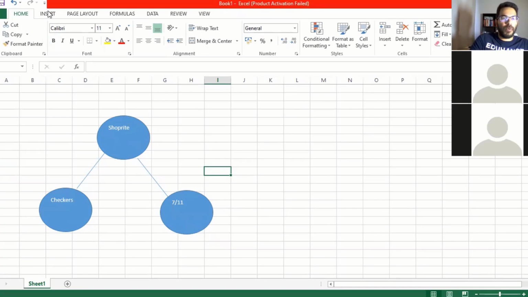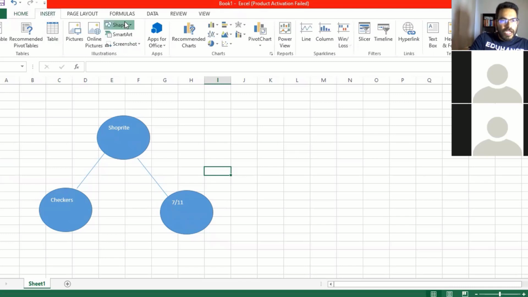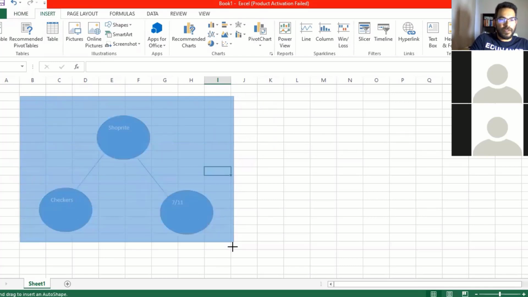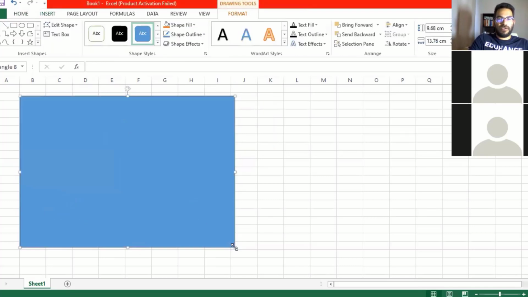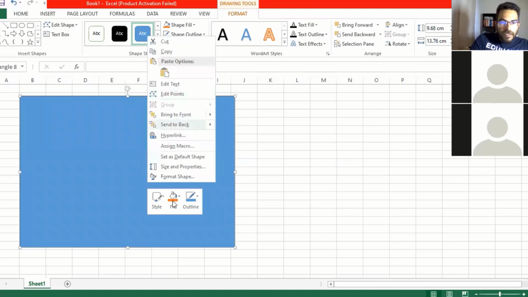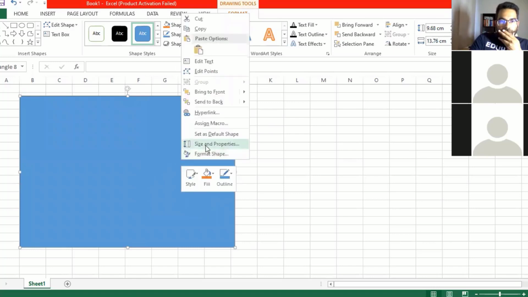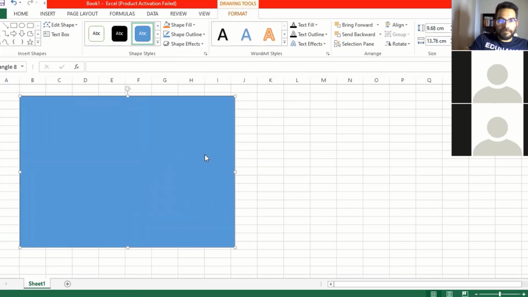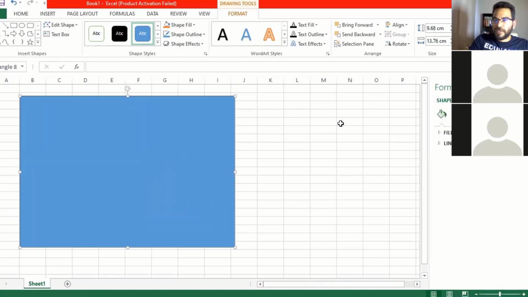And this is how the group will look. So I'm going to get another shape. So this is how the group will look. Let me just make this transparent quickly so we can actually see the group.